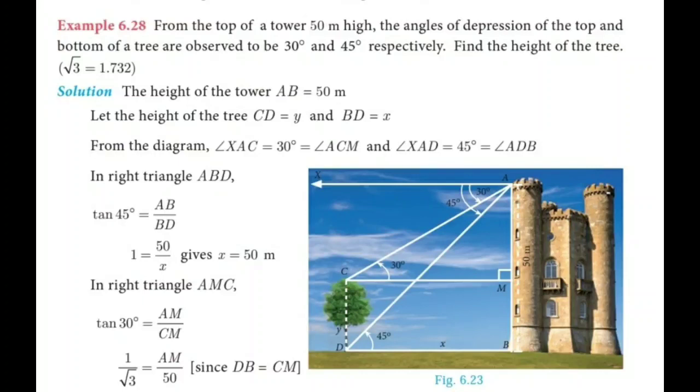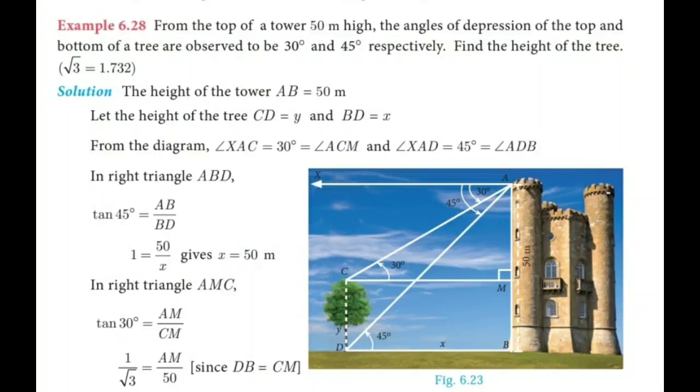Solution: let AB and CD be the height of the tower and height of the tree respectively. Let A be the point of observation. Then AB is equal to 50 meter, that is given.